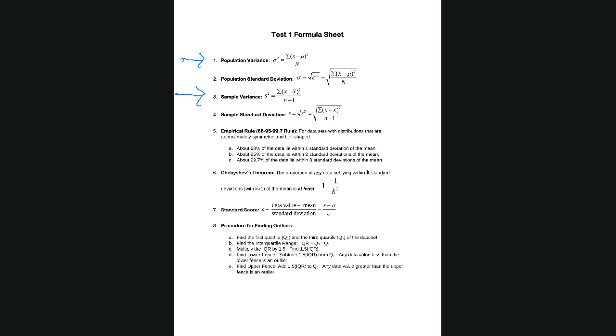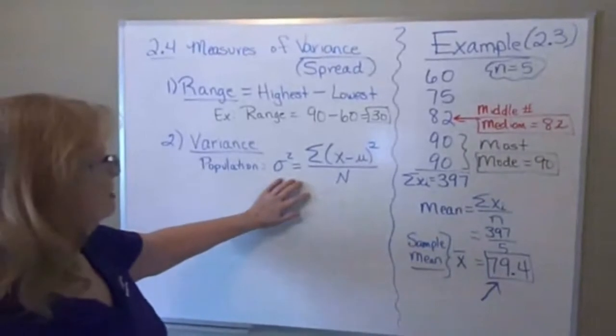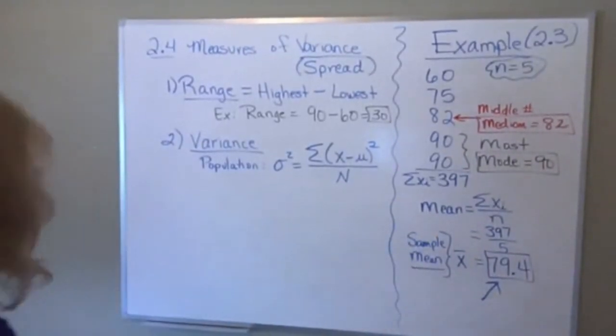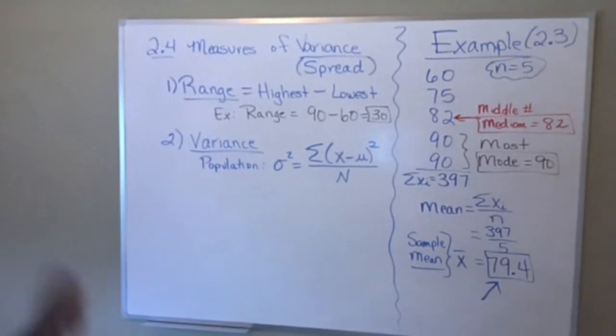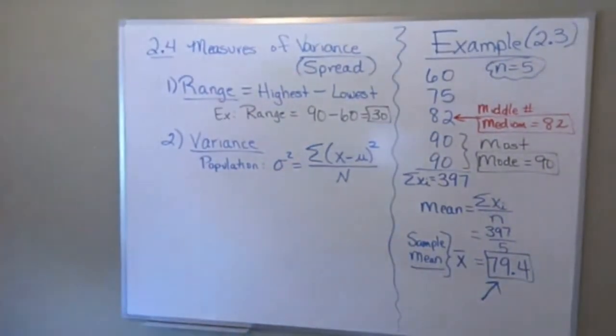Population variance, you'll see it has some weird symbols on it. Okay, so I'm going to unshare so you can look. This is the first formula, and I wrote it up on the board so I can talk to you about it. So we're going to look at the population variance, and then we'll look at the sample variance.